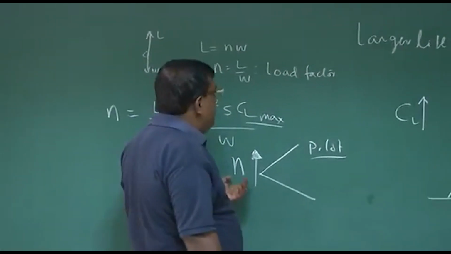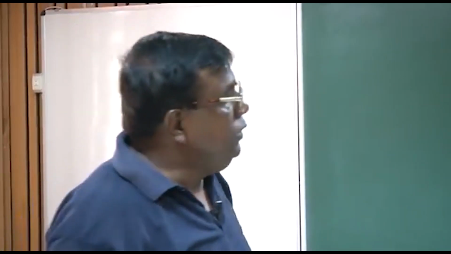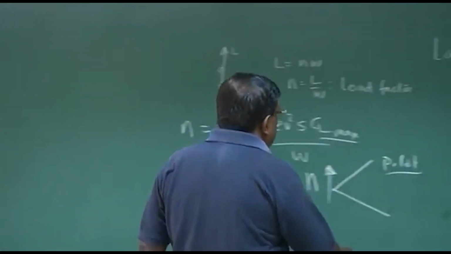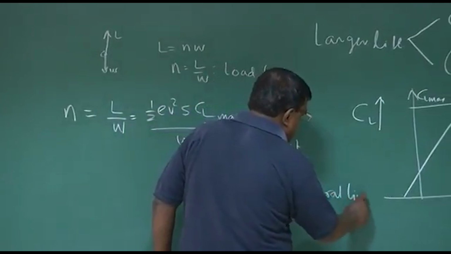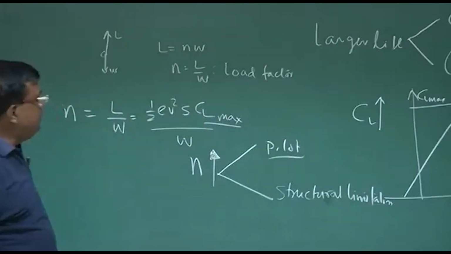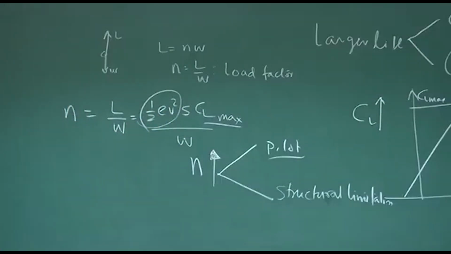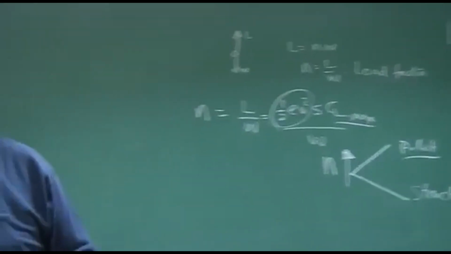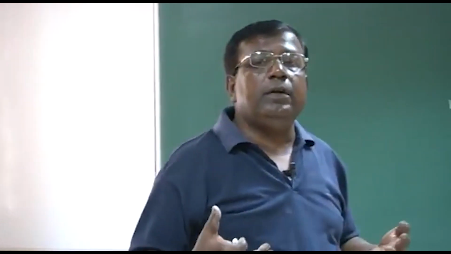Second, as I increase N, the structure also will undergo a lot of inertial load. The structure may disintegrate. The electric circuit boards may get disintegrated. So there is a structural limitation. Further, as I increase the speed, the dynamic loading on the aircraft structure will go on increasing with V square, and there is a limit beyond which the structure may not be able to withstand.